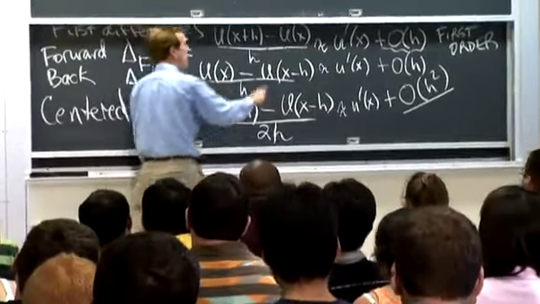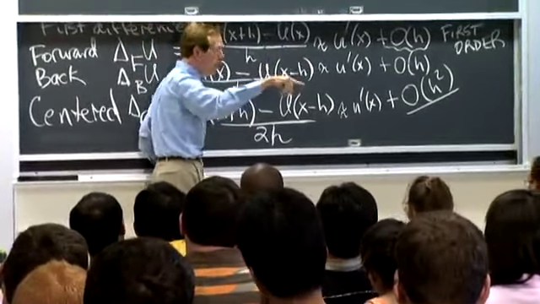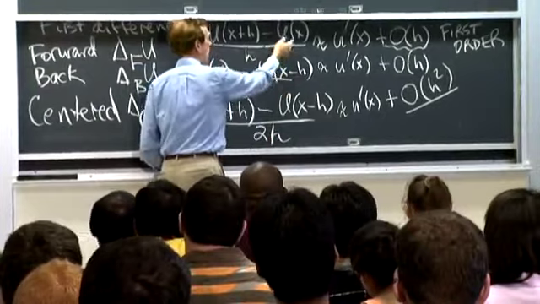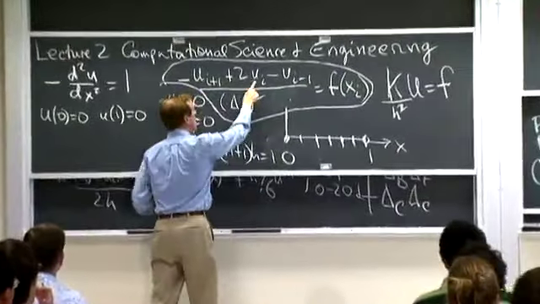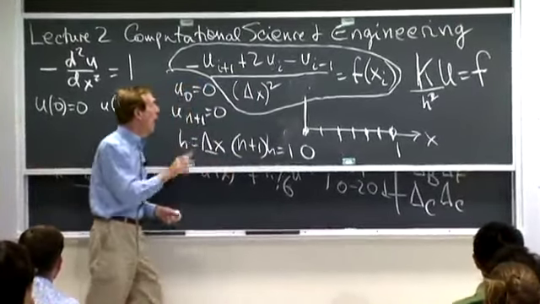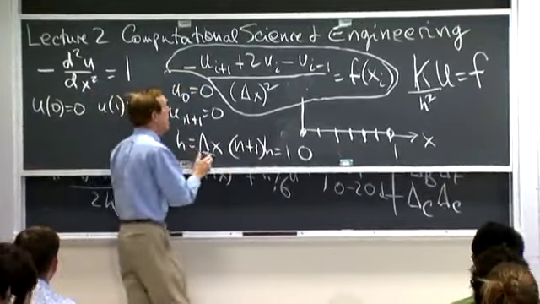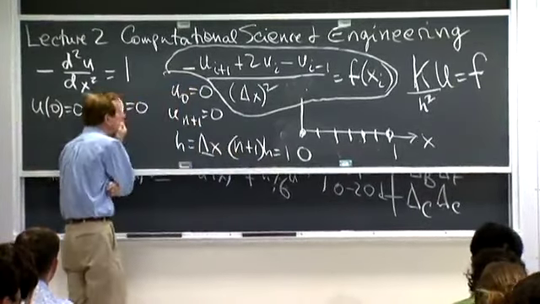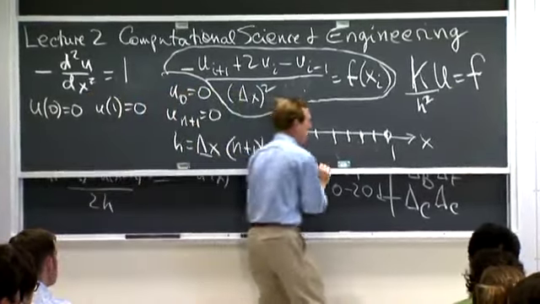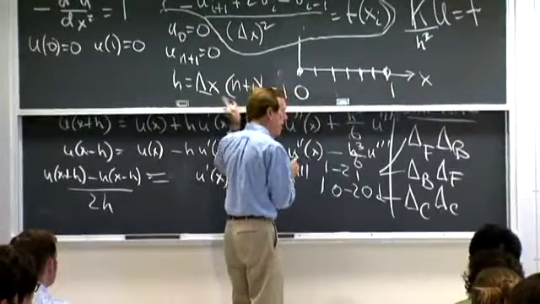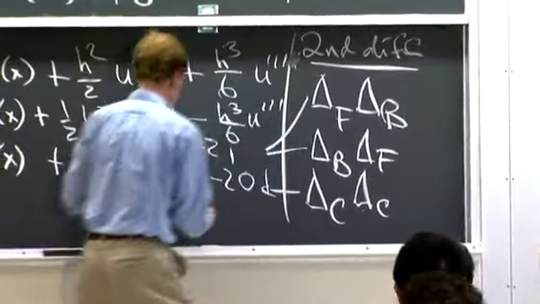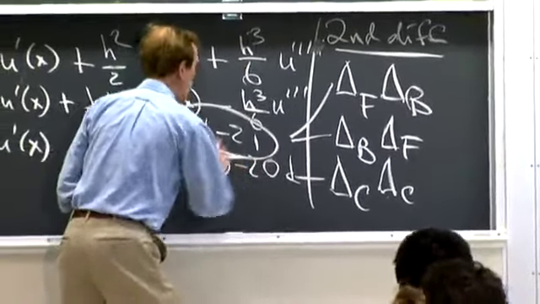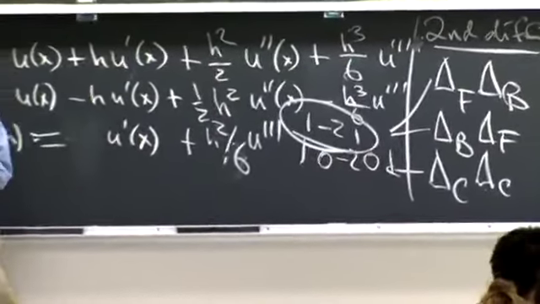I subtract u of x minus h, and I get 2 minus u of x's. This is what I get. Now, I'm calling that ui. I better make completely clear about the minus sign. The forward difference of the backward difference is 1, minus 2, 1.